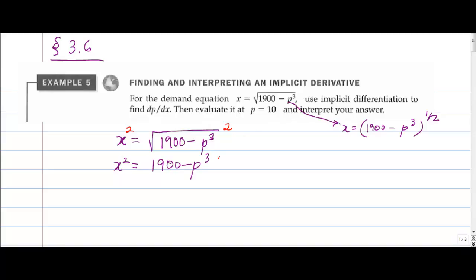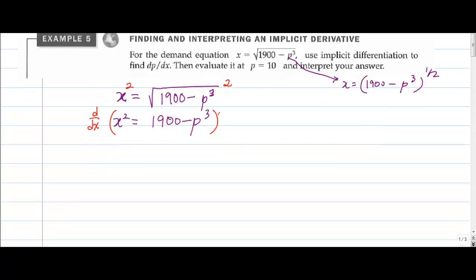Now it makes the derivative taking a little bit easier because I have the ability to do implicit differentiation. What's the derivative of x squared? 2x. What's the derivative of 1900? 0. What's the derivative of minus p cubed? 3 comes out front, so you get minus 3p squared.